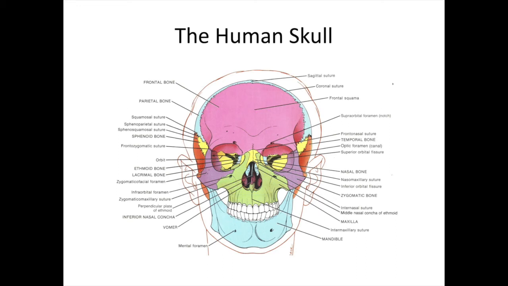The maxilla has, again, a left and a right expression, and at its inferior border, we have this alveolar process, or the section of the bone that contains the dentition, and it has that nice parabolic shape, or that kind of arch to how the teeth are organized and oriented.